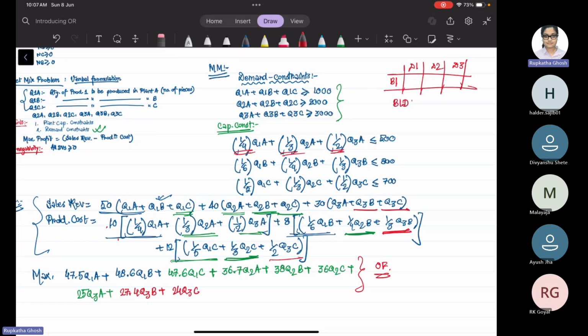So there you will write B1D1 plus B1D2 plus B1D3 strictly equal to 1. You won't write greater than or equal to 1, because what if all these 3 assume values? That doesn't make any sense. You won't be writing less than or equal to 1, because what if none of these assume a value? Your bus has to be allocated to any one depot. So only in such special scenarios do you impose equality constraints.